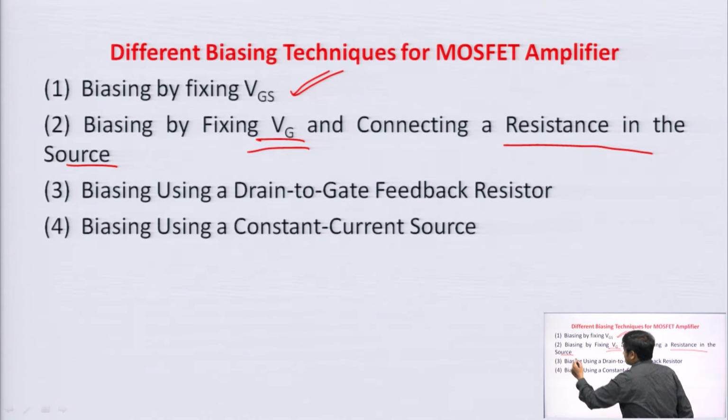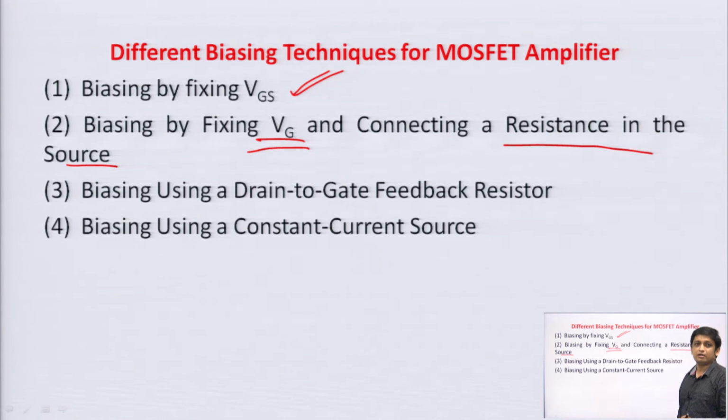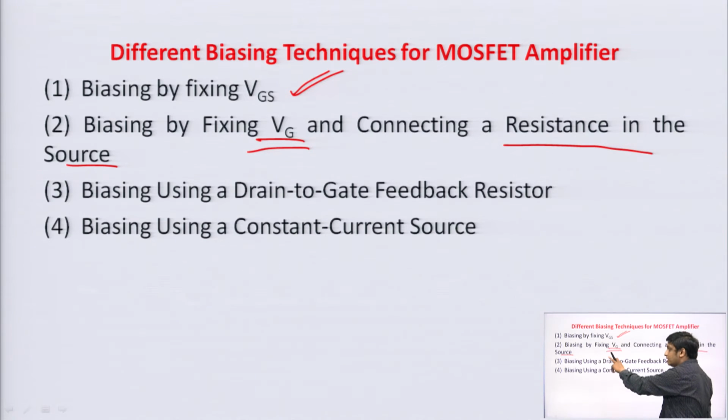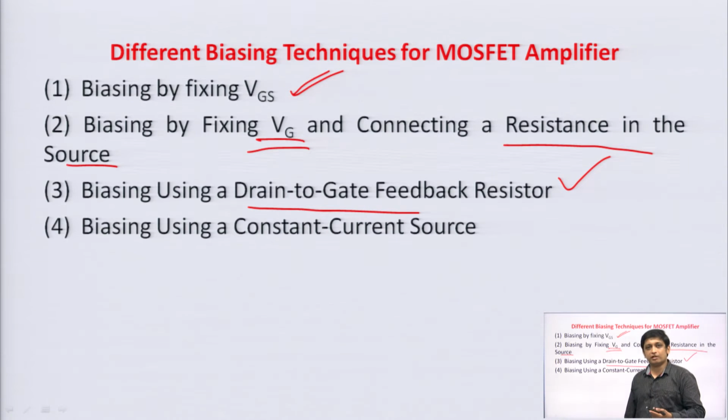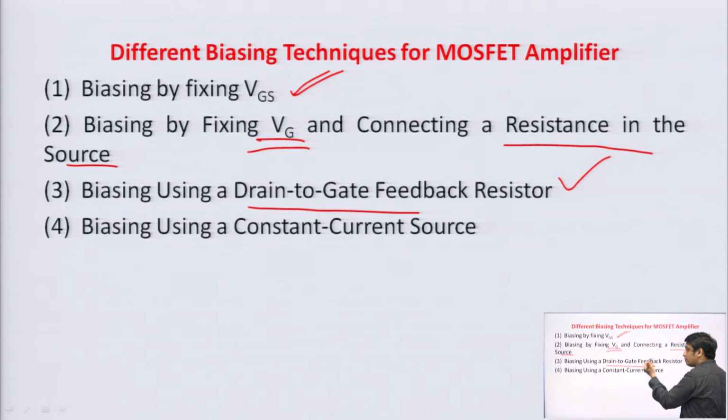This biasing technique we have also learned in BJT. In that circuit, we connected a resistor at the emitter terminal. Here we connect the resistor at the source terminal, and the purpose is the same, which we will discuss. Next is biasing using a drain to gate feedback resistor. Again the same thing. In BJT we studied biasing using collector to base.